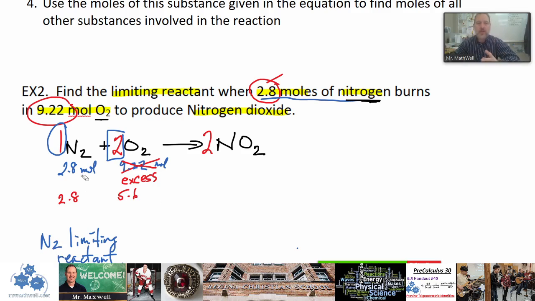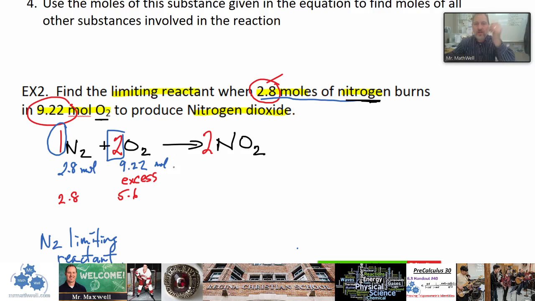But there's another question that could be asked: how much of the excess reactant is left over after a reaction happens? So that's when you say, oh, this is my excess right here, the O2, and I've got 9.22, and I'm only going to need 5.6. So how much is left over? The difference between 9.22 and 5.6. So you do 9.22 minus 5.6.